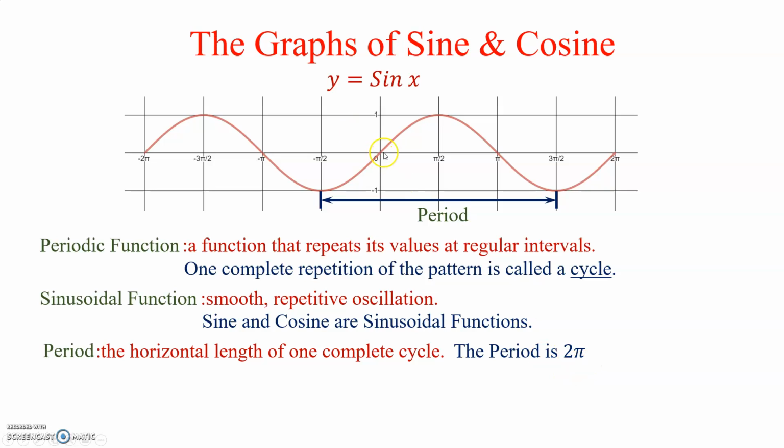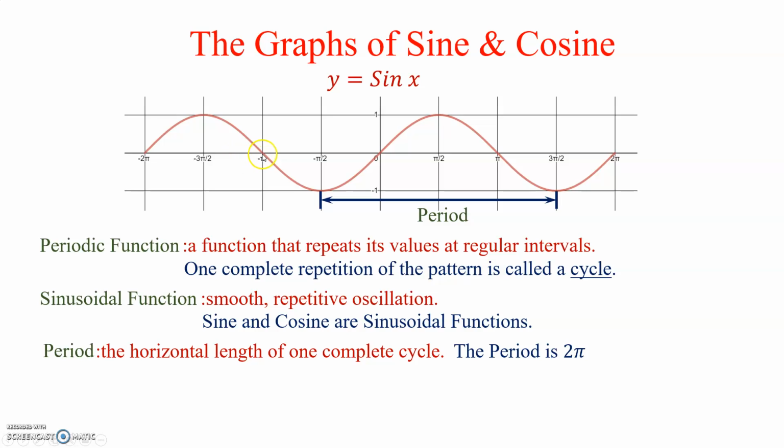So if I started here at 0, I would go all the way to 2 pi before it starts to repeat. This does not say it repeats at 2 pi. It says I would go a distance. So if I started at -pi, I'd have to go all the way to +pi before the graph starts to repeat.